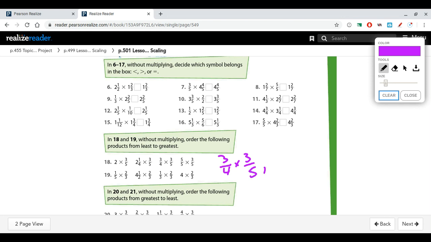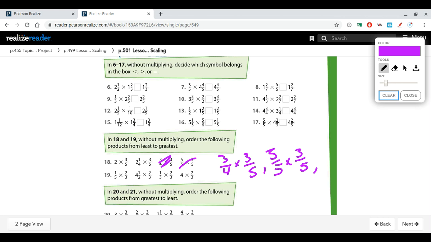That's my first product. My next product that I'm going to do is, so that one's gone. I'm going to cross it out. I have 5/5 times 3/5, 2 and 1/4 times 3/5, and 2 times 3/5. My next one is going to be 5/5 times 3/5. That one's now done. Cross it out. And then I'm doing least to greatest.